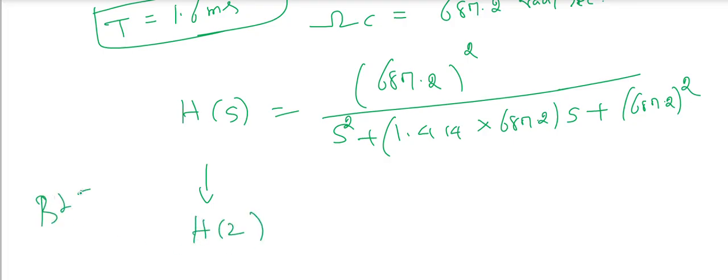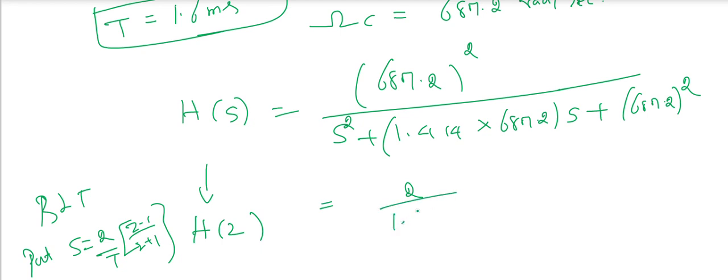Use bilinear transformation, put s equal to 2 by T into z minus 1 by z plus 1, where T is 1.6 milliseconds, that is 1.6 into 10 power minus 3.